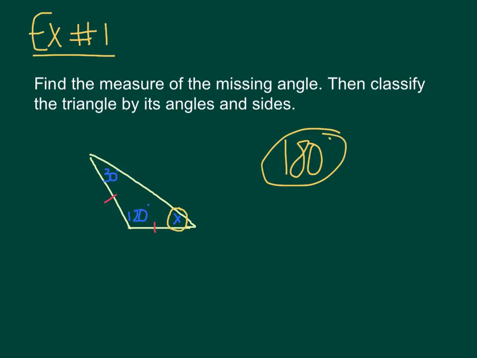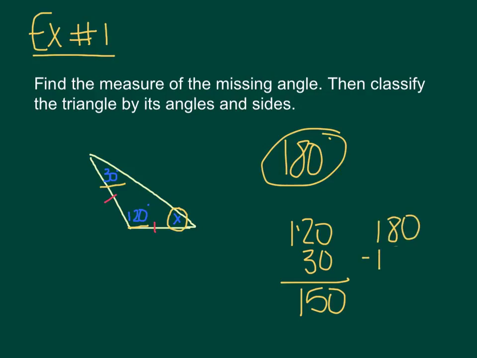So what I like to do is find my two angles that I know. In this case, it's 120 and 30, and I add those up, and I get 150. And then I can just subtract that from 180. So my missing angle is 30 degrees.